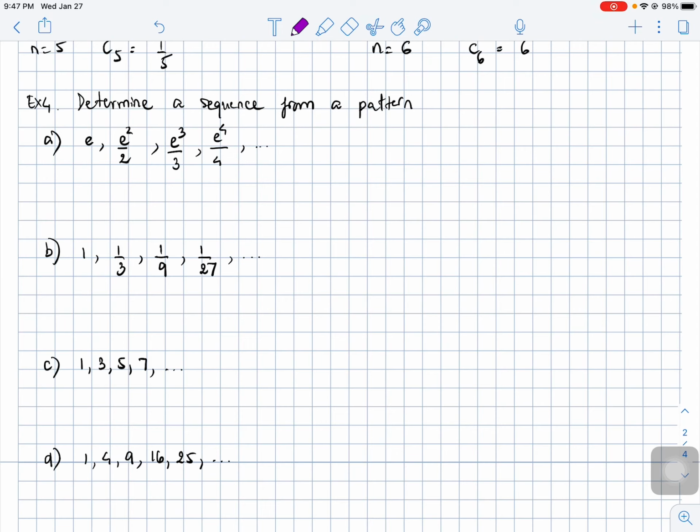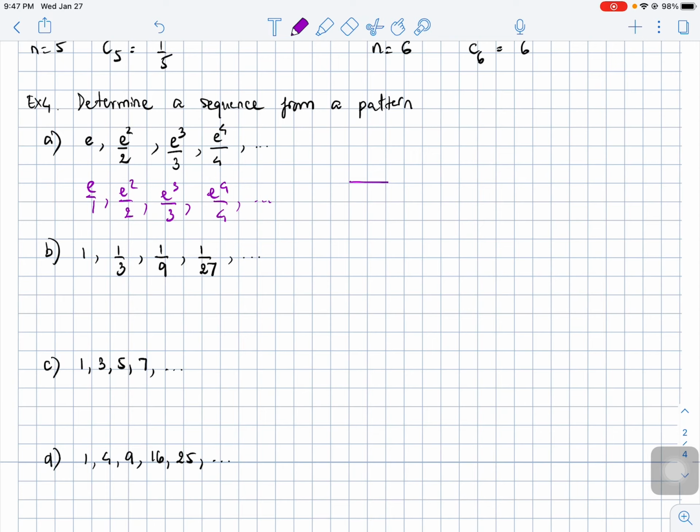If we rewrite the first one, e over 1, e squared over 2, e cubed over 3, e to the 4 over 4, then the sequence is determined by a fraction, top and bottom. So you know that 1 changes to 2, 3, 4, 5.